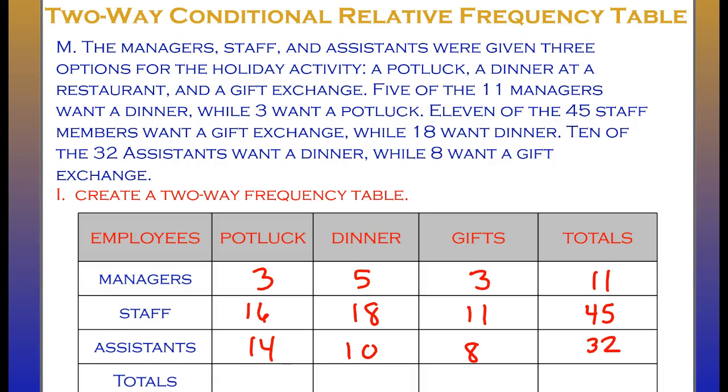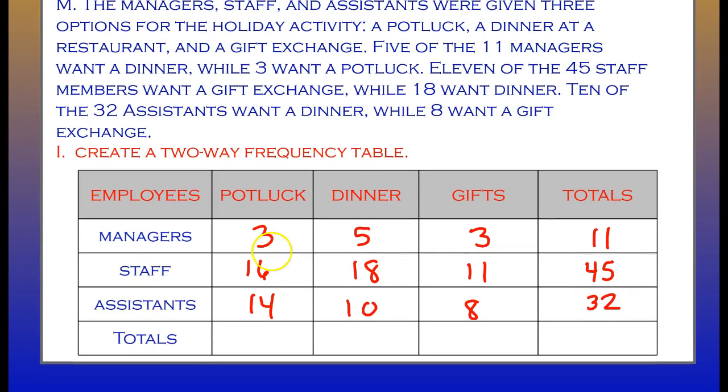So now adding up the totals here, 16 plus 14 is 30, plus 3 is 33, 10 plus 18 is 28, plus 5 is 33, 8 plus 11 is 19, 19 plus 3 is 22, and now they should all add together in the column and in the rows.